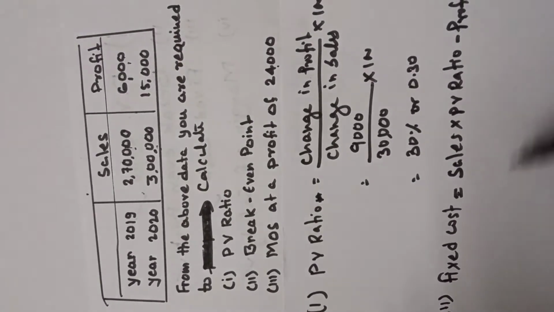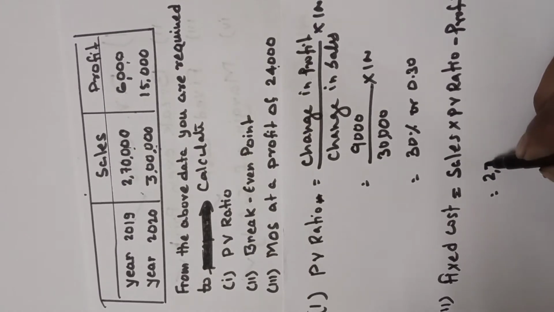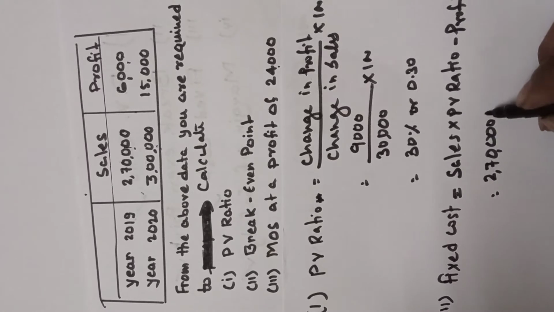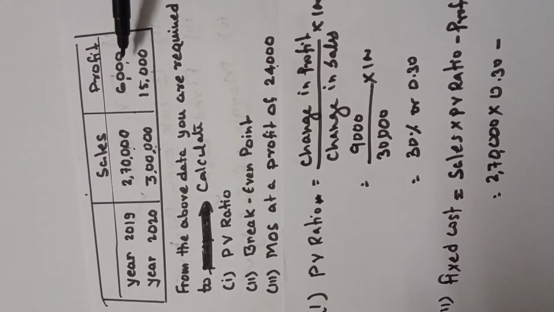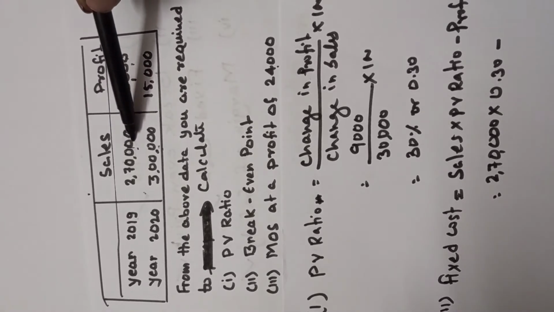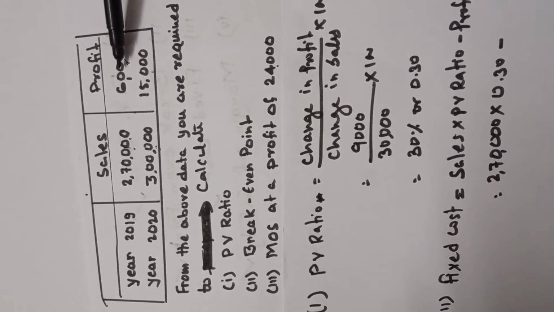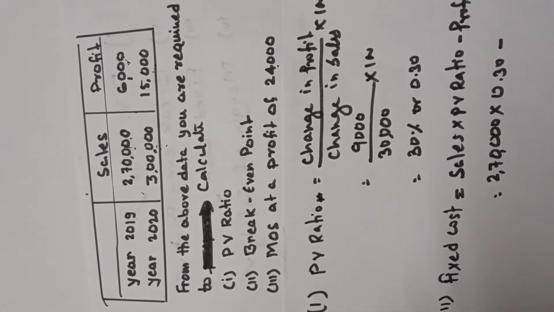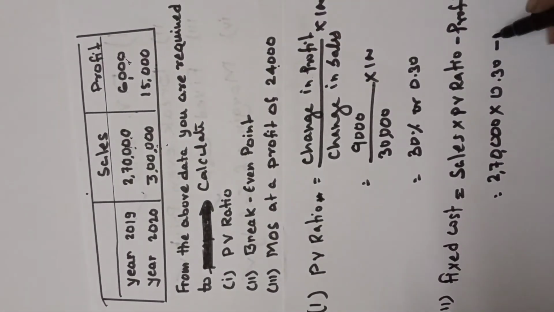I am taking 2019, that is 2,70,000 into PV ratio 0.30 minus profit. If you select sales for 2019, you have to take the profit also from 2019. If you take the sales of 2020, you have to take the 2020 profit.